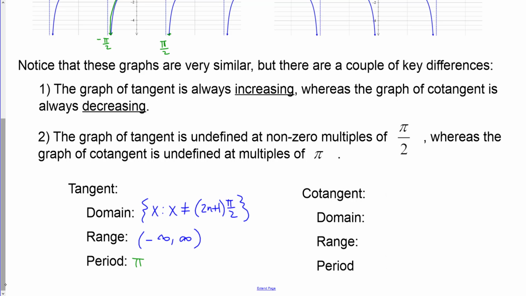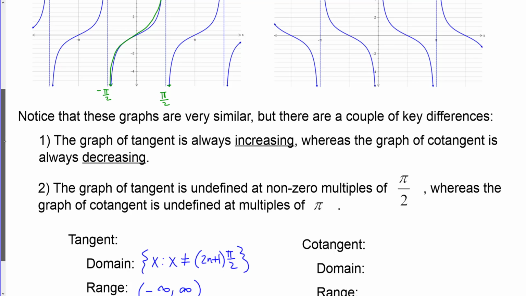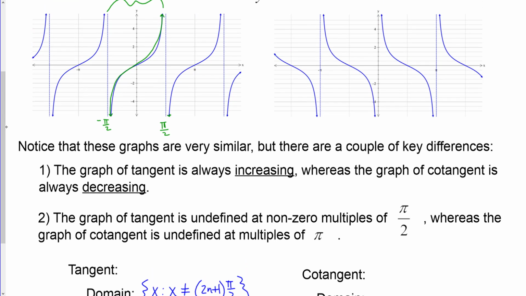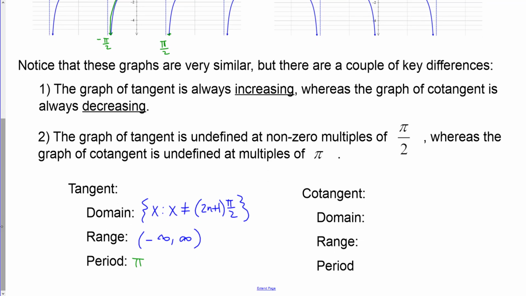Now for cotangent, the domain, we have to make sure we exclude all points that are multiples of pi, and that's a little easier to express. So we just need to say the domain is all values x such that x does not equal n times pi, where n is an integer. It could be negative, positive, or 0, and that's fine.